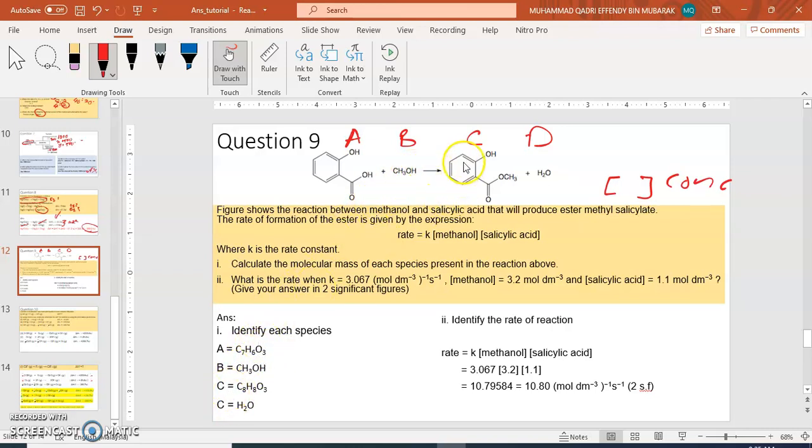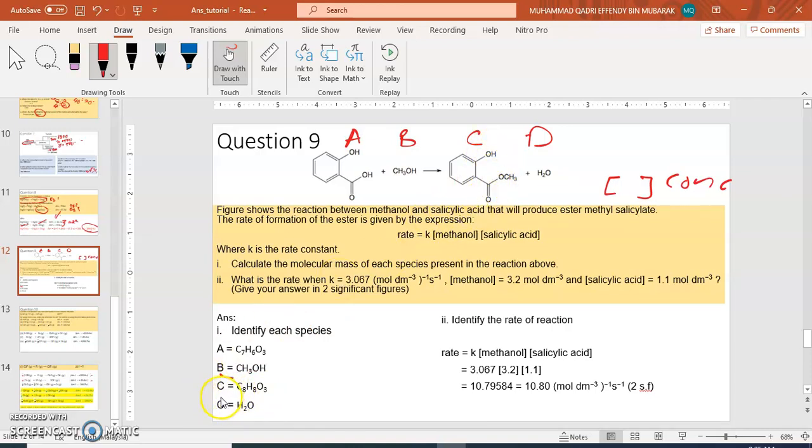For C, we need to determine the molecular formula for this component, which is methyl salicylate. For the carbon, we have 1, 2, 3, 4, 5, 6, 7, and 8, so we write C8. For hydrogen, we have 5 plus 3 here, 5 plus 3 is 8, so H8, and for oxygen we have 3.